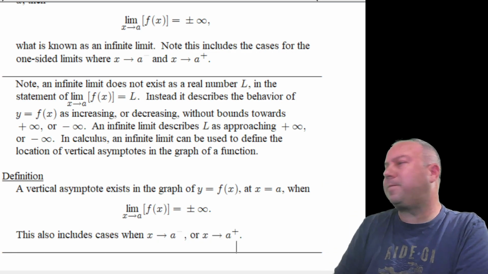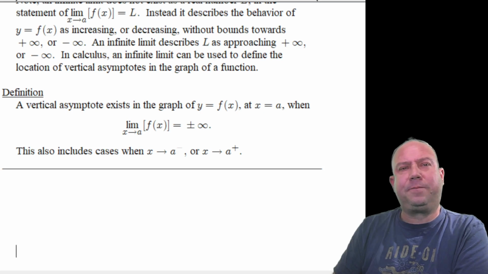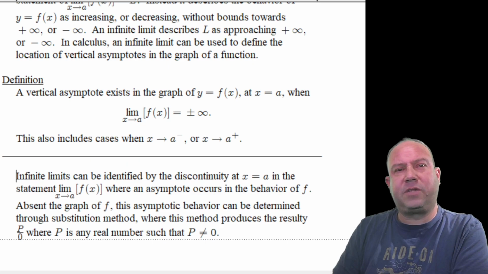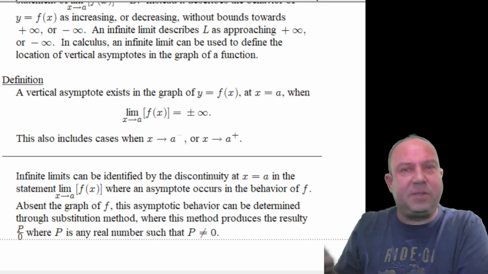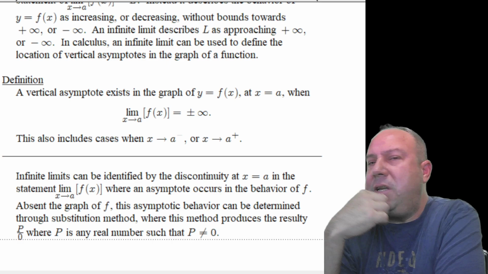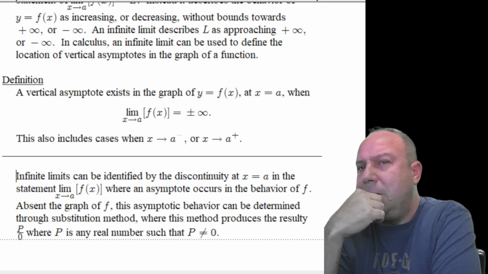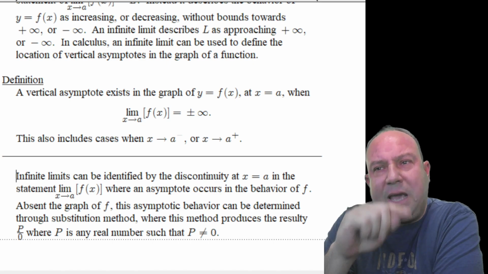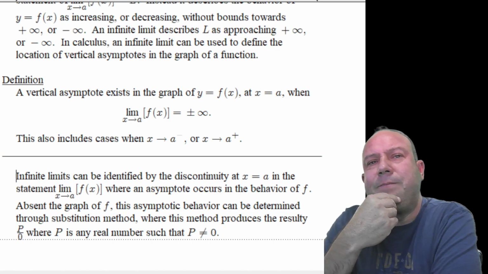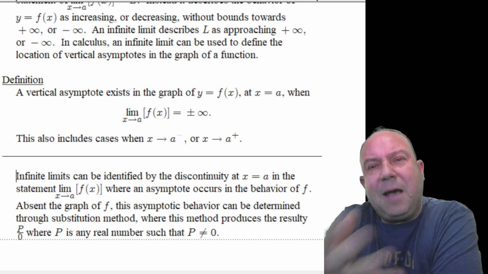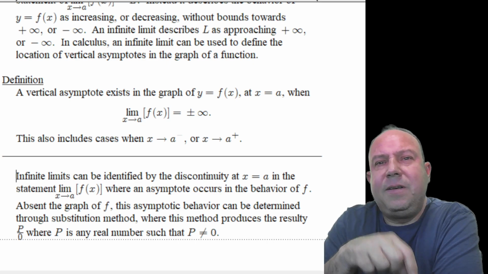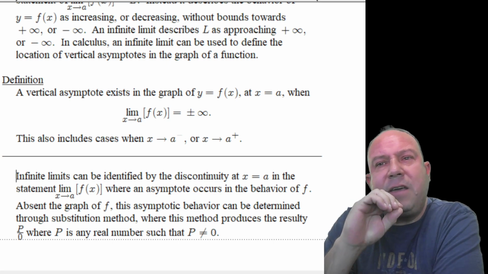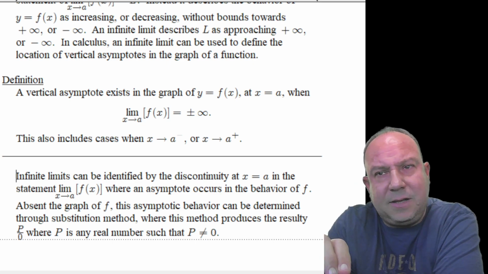All right. Let's look at some examples. Well, first thing I note here is infinite limits can be identified by the discontinuity at x equal to a in our statement. Where an asymptote occurs in the behavior of our function f. Absent the graph of f, this asymptotic behavior is what you identify through substitution method.